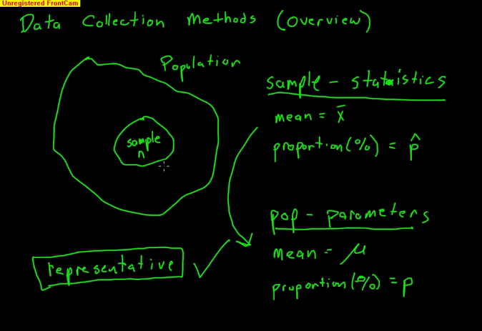If our population was Twinsburg High School students and our sample somehow collected some people that don't even go to school in Twinsburg, some kids that have already graduated from Twinsburg, or some elderly people, then obviously that sample wouldn't represent the population. So if our population is high school age students from Utah, then our sample needs to be high school age students from Utah so that it represents the population. As long as it's representative, then in fact we can infer results from our sample to the population.